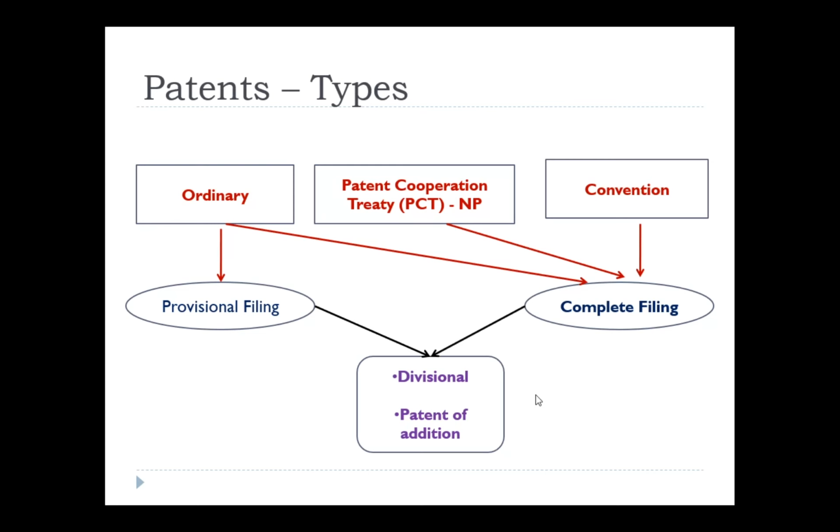In PCT mode or in convention mode, there is no option for provisional patent filing. We can only go ahead and file it as a complete patent filing. Okay, let us discuss in detail what is provisional, what is complete, and what are all the required forms that should be submitted.